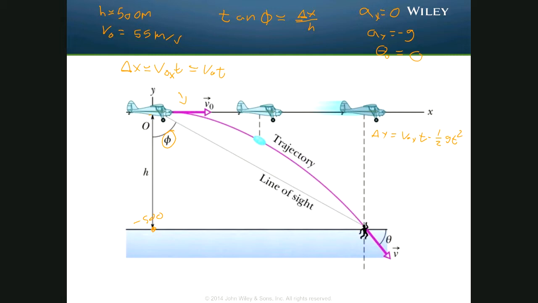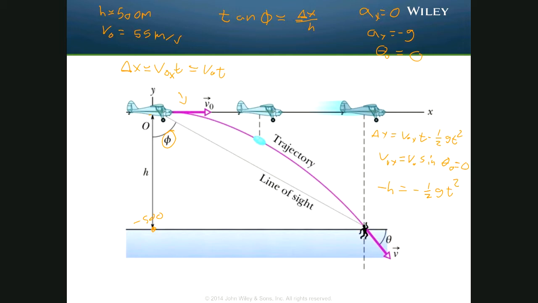v naught y is equal to v naught sine theta naught. Sine of 0 is 0, so that's going to equal 0. And we have delta y equal to minus h, and that's going to equal minus 1/2 g t squared.